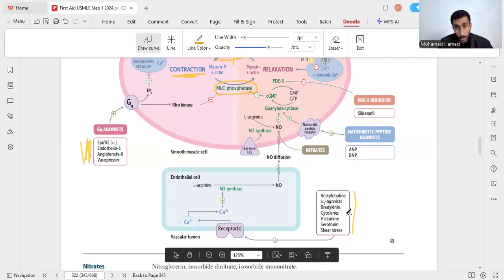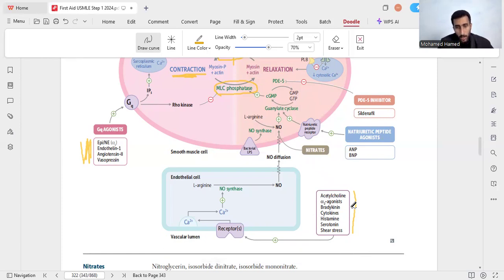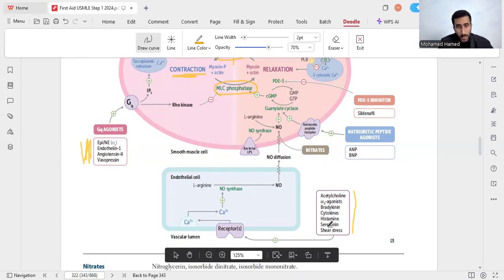You have to group them together in your mind: acetylcholine, alpha 2 agonists, bradykinin, cytokines, histamine, the inflammatory mediators, with vasodilatation or relaxation at the end, and also serotonin.